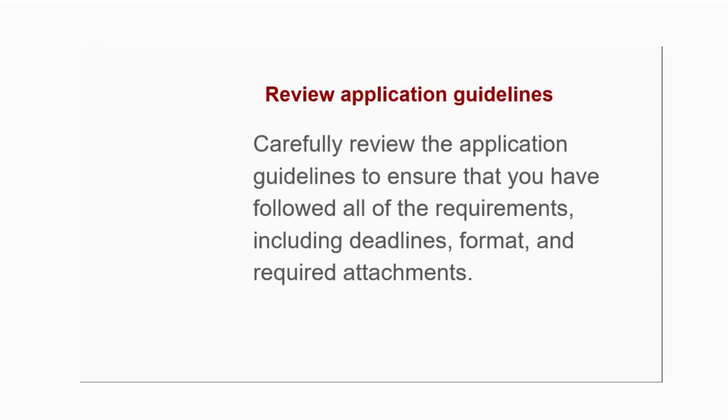If you are required to provide proof of certificates or proof of funds, maybe proof of funds that you have in your account or previous transactions that you've had, then it's extremely important that you organize all those attachments so that they are available for uploading when you start submitting your proposal.